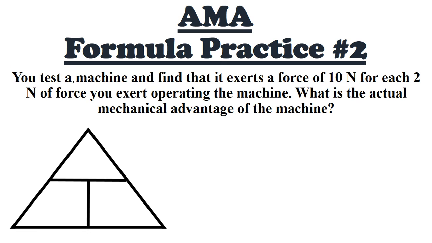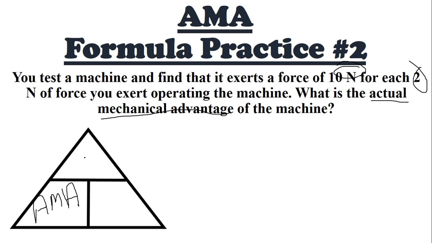You test a machine and find that it exerts a force of 10 newtons for each 2 newtons of force you exert operating the machine. What is the actual mechanical advantage of the machine? We have 2 newtons and 10 newtons as our numbers. We're trying to find actual mechanical advantage, so we're going to leave AMA in here. At the top of the AMA formula is the output force, or the force the machine does.